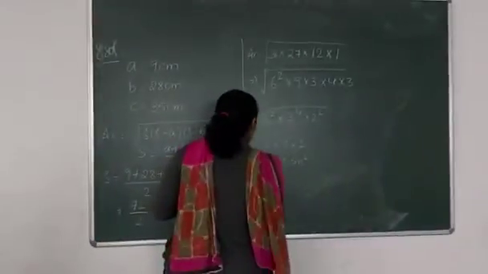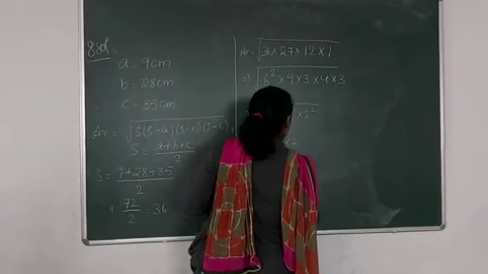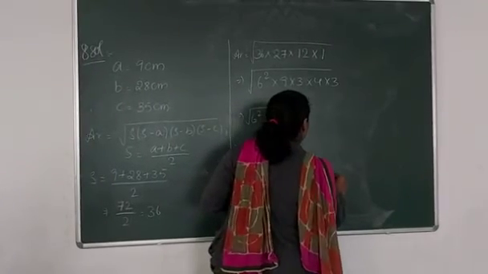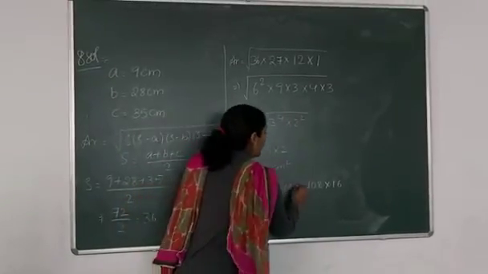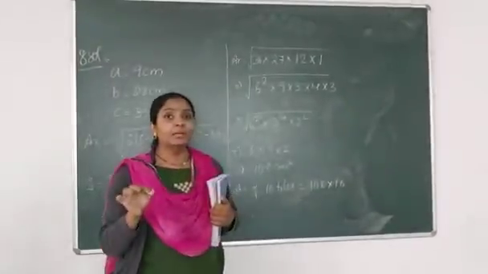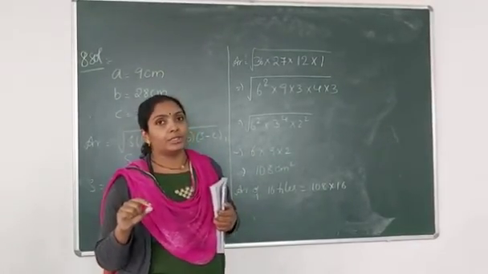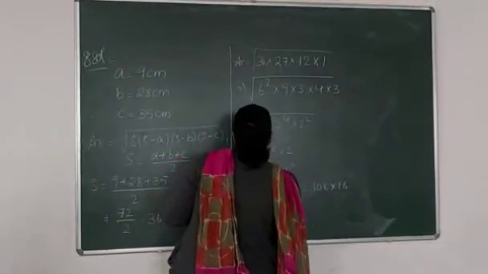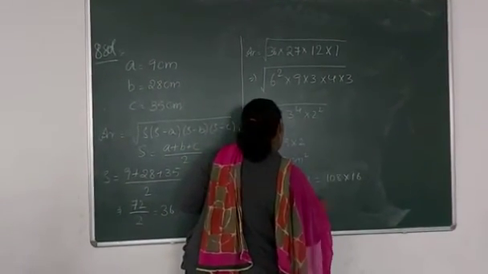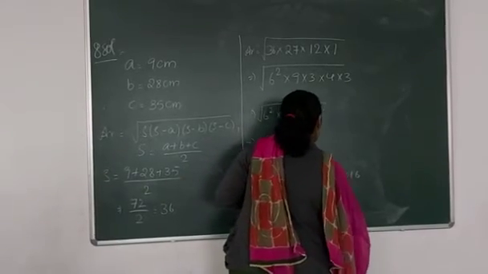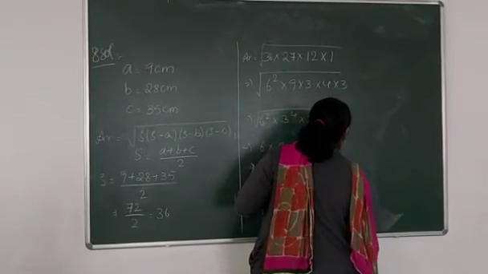So therefore the area of 16 tiles will be equal to 108 into 16, and the total area into the cost per centimeter square will give us the total cost of the polishing. So the cost of polishing is equal to, how much is it given? 50 paise per centimeter square.